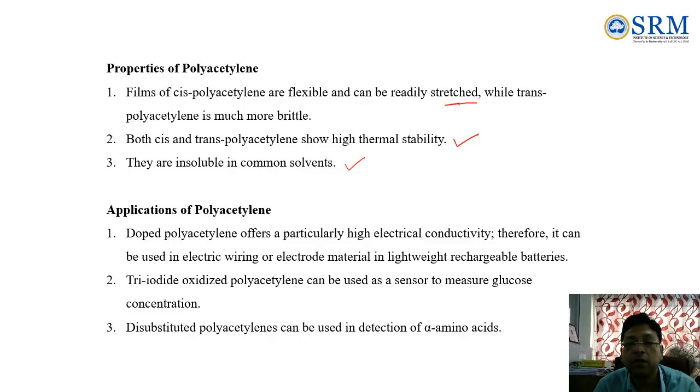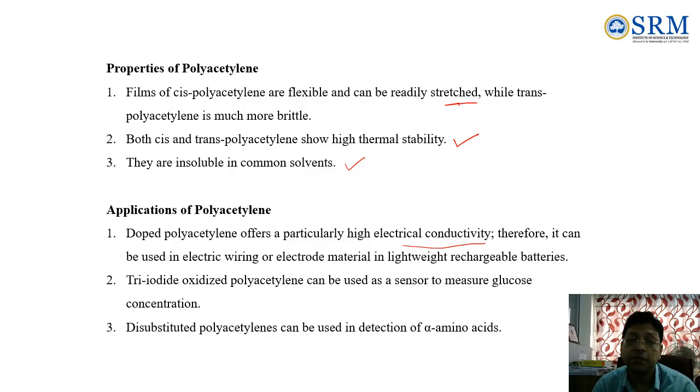And if we talk about the applications, the application is due to the alternate single bond and double bond and the electron delocalization through the p orbital, and further the doped polyacetylene offers a particularly high electrical conductivity. Therefore, it can be used in electric wiring or as electrode material in lightweight rechargeable batteries.